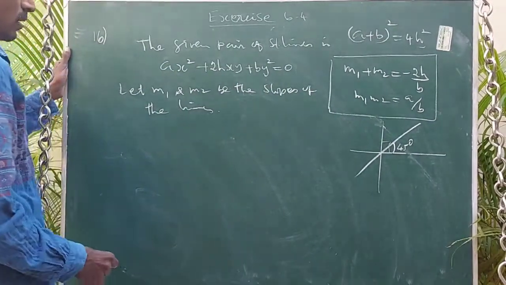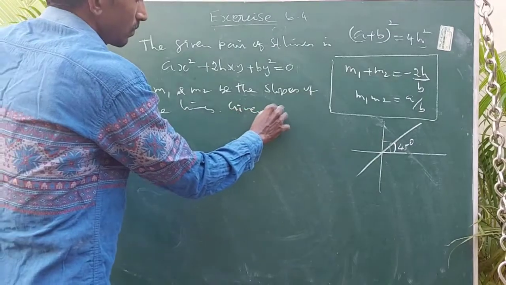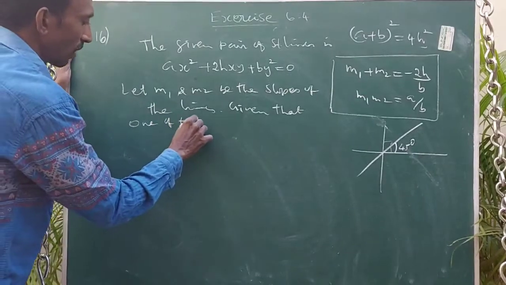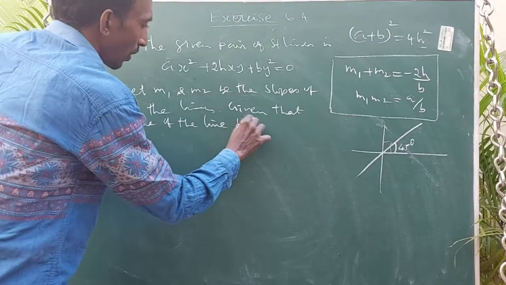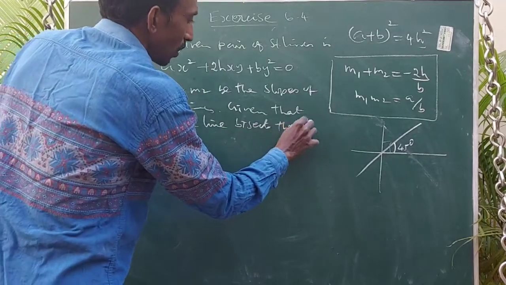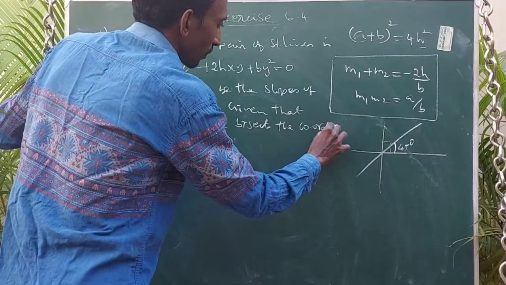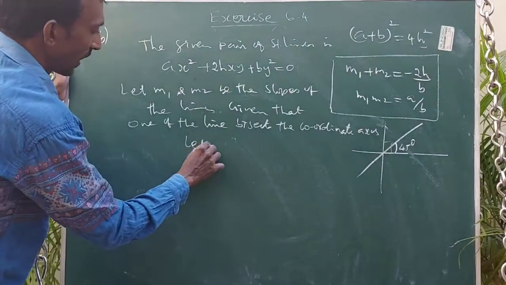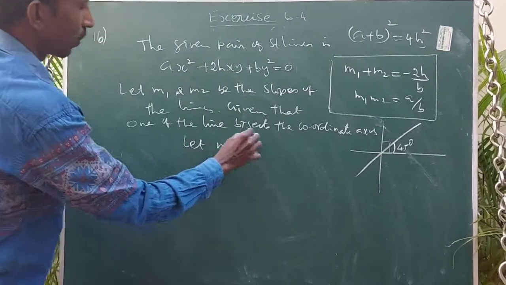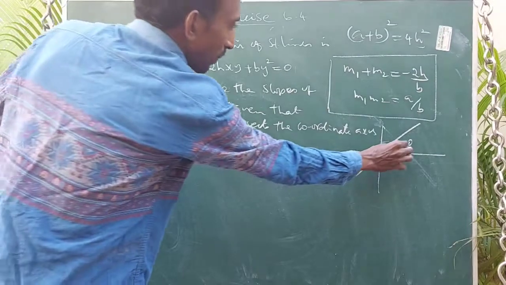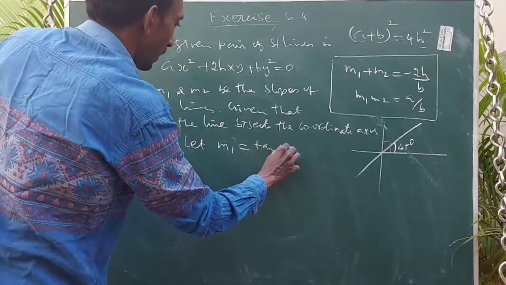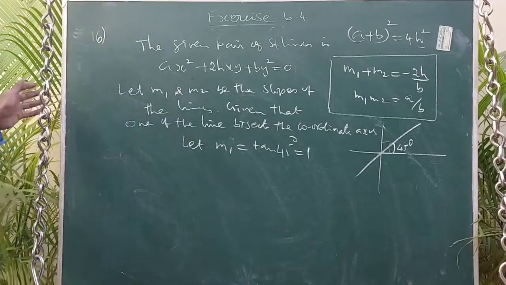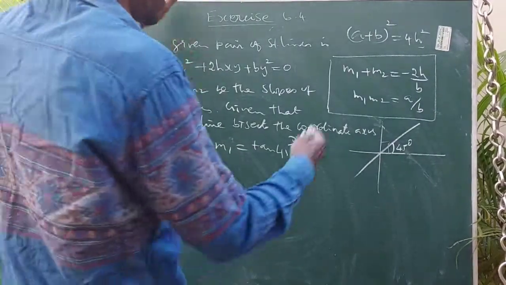Given that one of the lines bisects the coordinate axes, let m1 equal tan 45 degrees, so that is 1. So we are getting m1 = 1 and m2 we don't know.